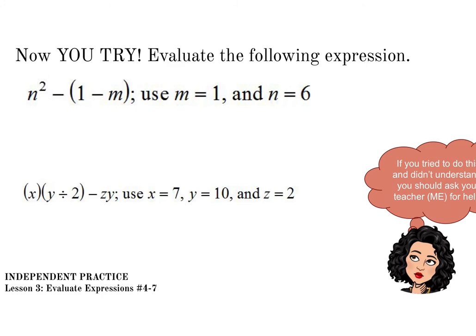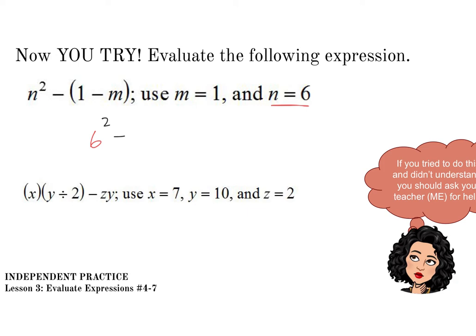Now you try. Evaluate the following expressions. Press pause, try and do this problem, and then press play to see if you got the answer correct. Pause your video now. So remember, first replace letter with number, since we know N is equal to 6 and M is equal to 1.